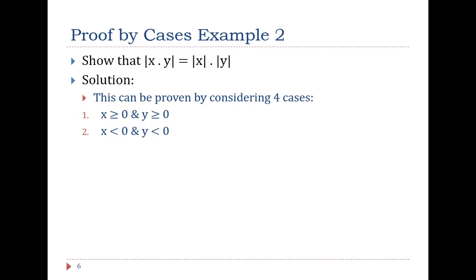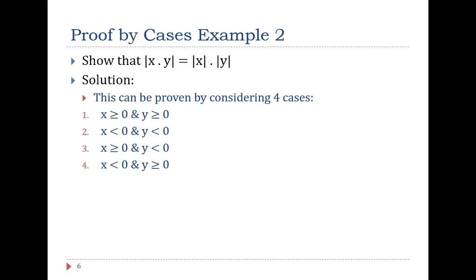And we could have them of different signs. But if you work technically, if you do not analyze your formula completely, we are actually missing a certain case, which is when x is less than 0 and y is greater than or equal to 0. But we know that without loss of generality, and because the multiplication operator is commutative, the absolute value of x times y is equal to the absolute value of y times x.